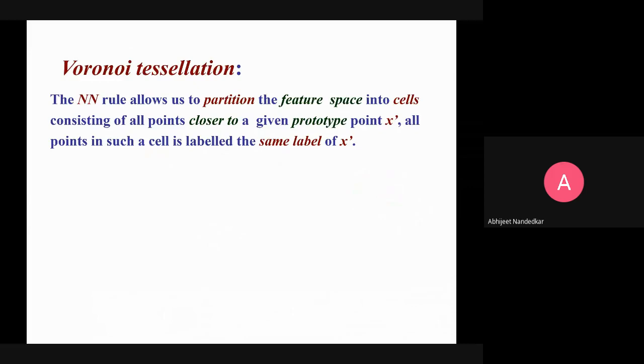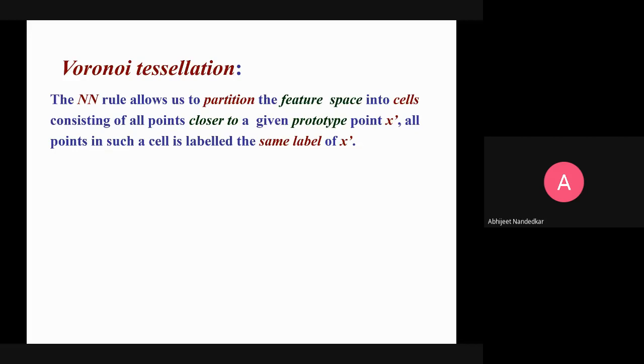Now this is the boundary creation due to the nearest neighbor rule. Suppose I have implemented the nearest neighbor rule, then you will find how partitions are created in feature space.